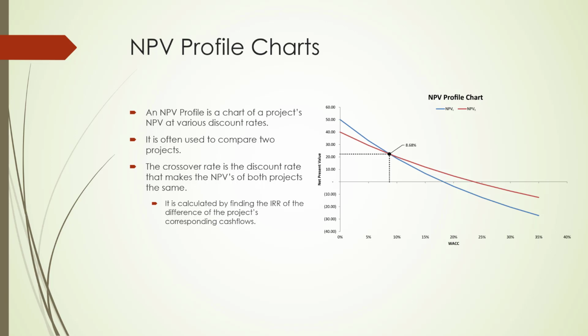Notice that below an 8.68% weighted average cost of capital, franchise L has a higher NPV. So if your cost of capital is low, franchise L looks like the better project. But if your cost of capital is higher than 8.68, then franchise S is the better project. So which project is better depends on the level of your cost of capital.